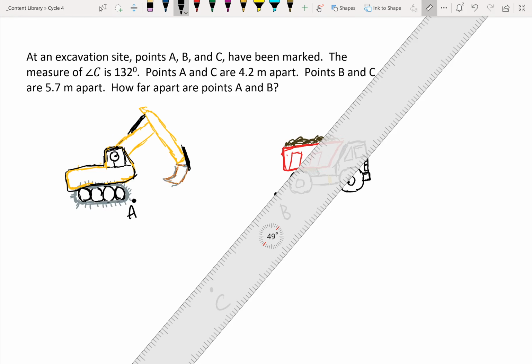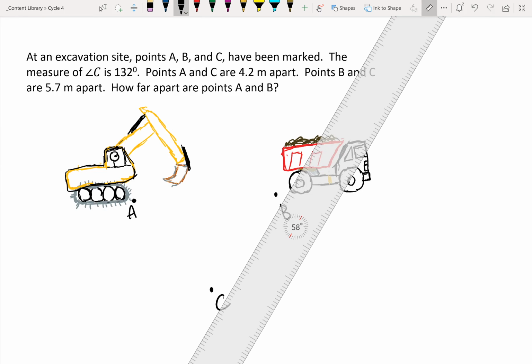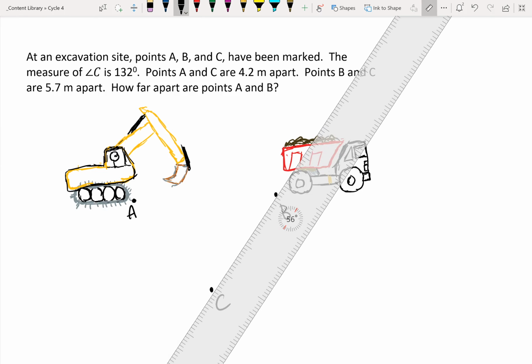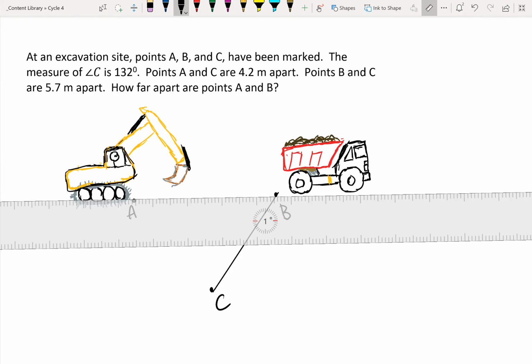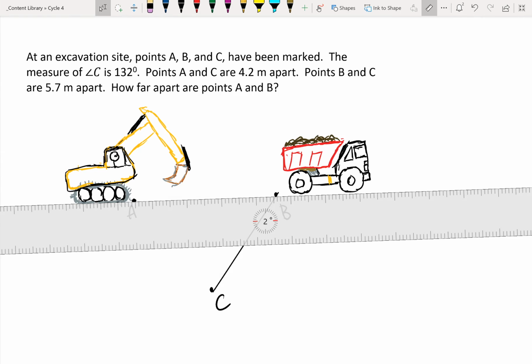So I have my excavation site. I have all my points labeled. So this is going to basically tell me what my three points of a triangle are. So I just need to draw those and then label all important information.